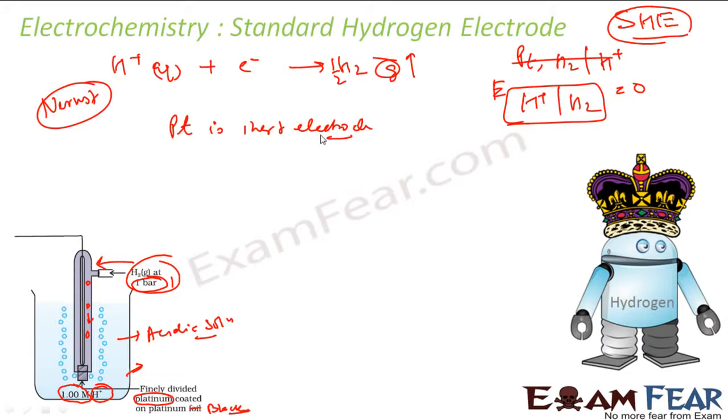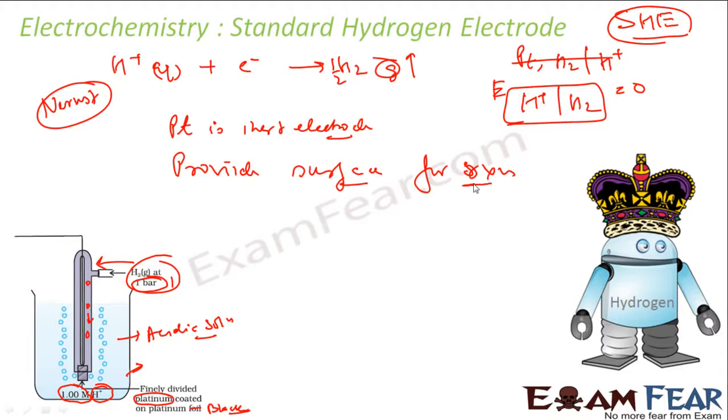Since it is inert, it won't participate in the reaction, but it will provide surface. It will provide surface for oxidation and reduction reaction. It will provide a platform where the reaction can happen.